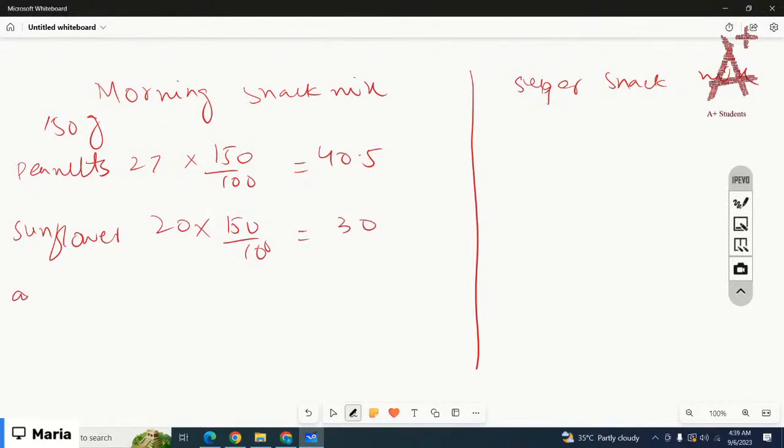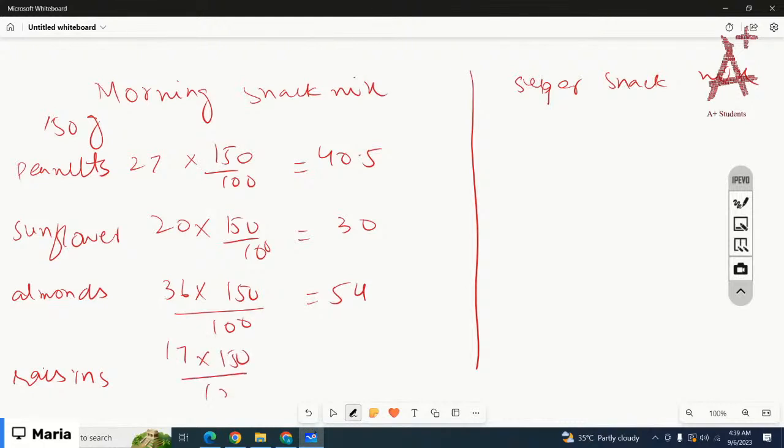Then for almonds, it would be 36%. 36 times 150 over 100, that is 54 grams. Then you have raisins, 17 times 150 over 100, that is 25.5.